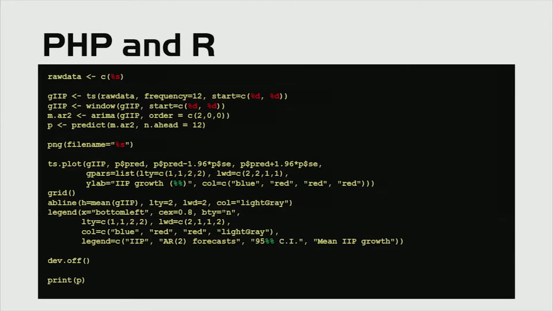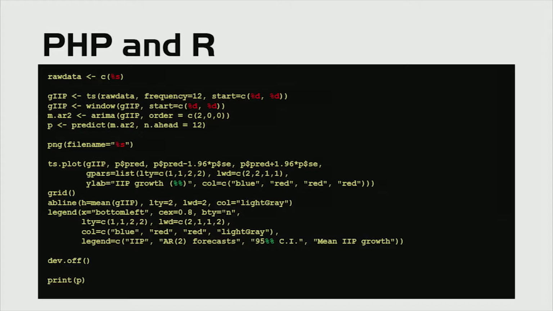The first thing I do is I take all those commands that I just showed you in R, and I'll strip out all the extraneous stuff so that I'm just setting the data, setting the time series and the window. Okay, I could set the window directly as the time series, but here. And generating my outputs, generating that final chart, generating that table.